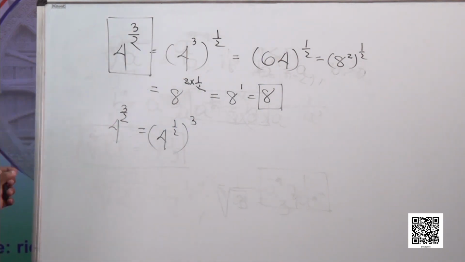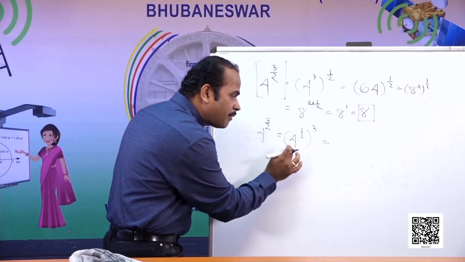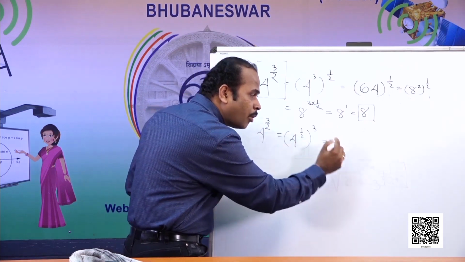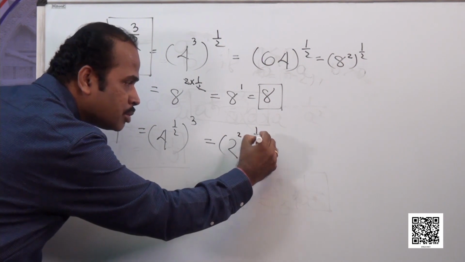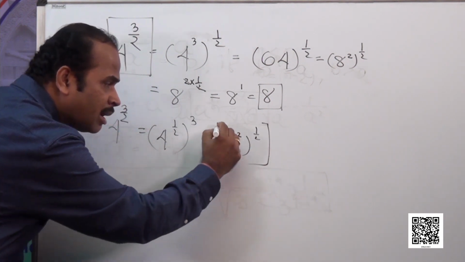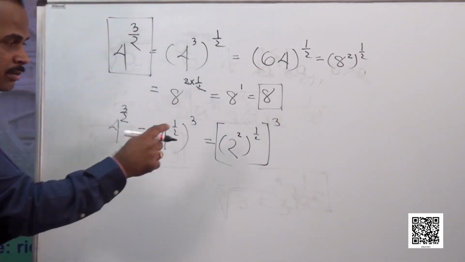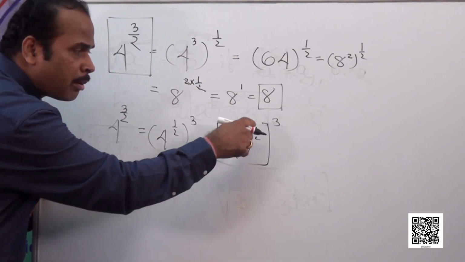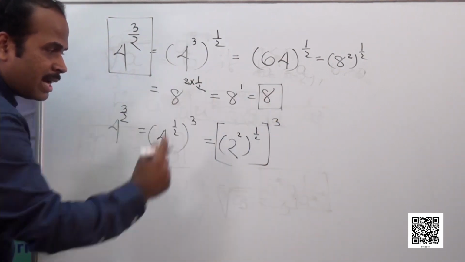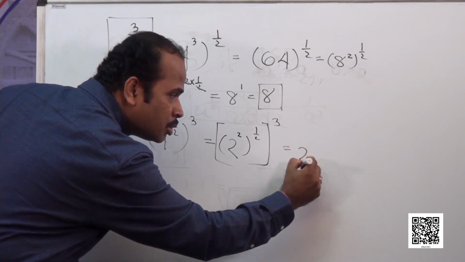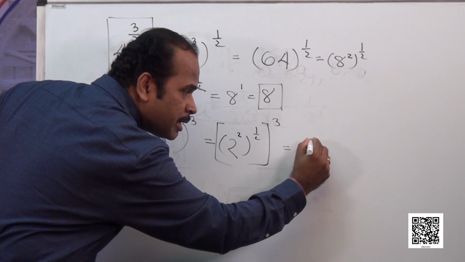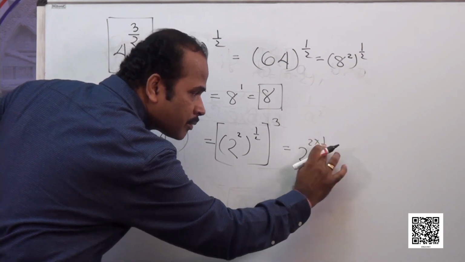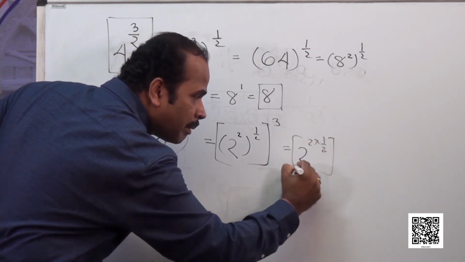So what will happen in that case? I will find it is 4 to the power 1 by 2. 4 can be written as 2 to the power 2, whole to the power 1 by 2, and whole to the power 3. Now this 2 to the power 2 whole to the power 1 by 2 whole to the power 3, I can write as 2 to the power 2 into 1 by 2, whole to the power 3.